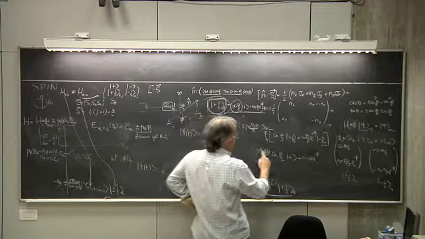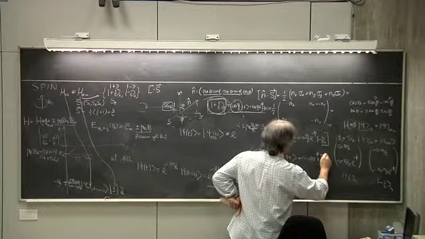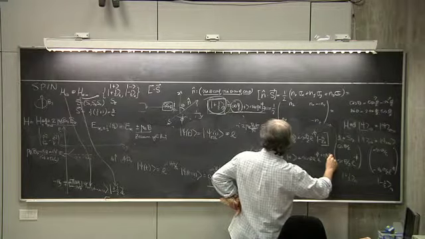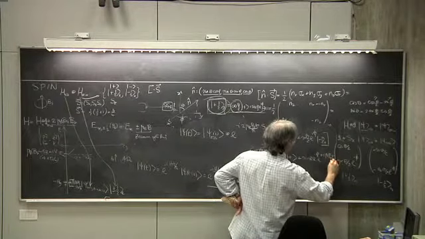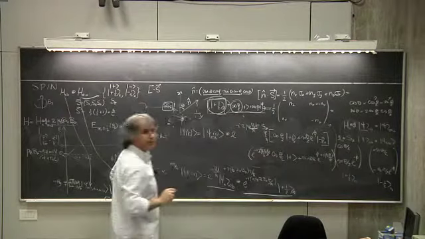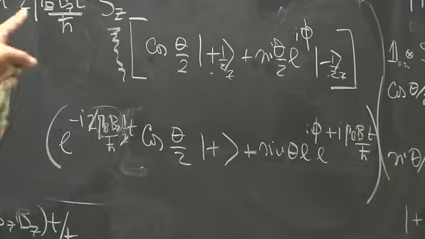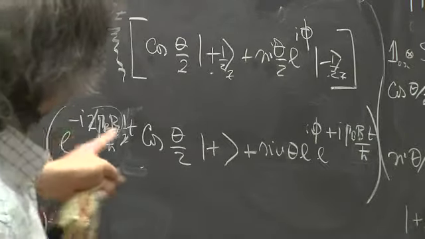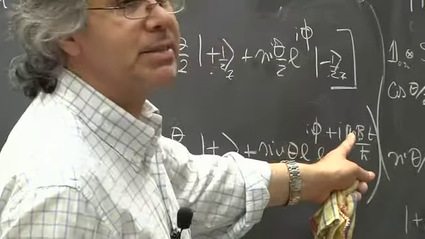So it is e to the plus i mu b B t over h bar. Is this clear? So in the first piece, this thing gives me a phase with the minus. In the second, it gives me a phase with the plus.